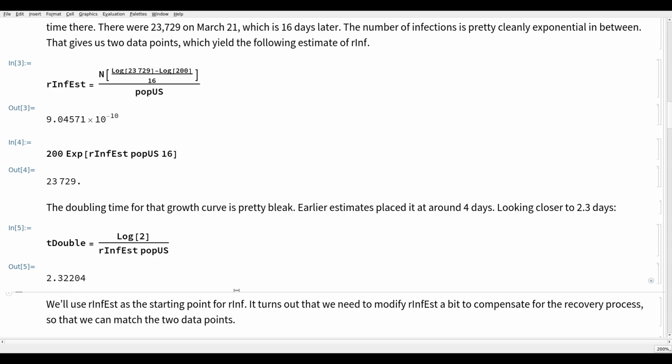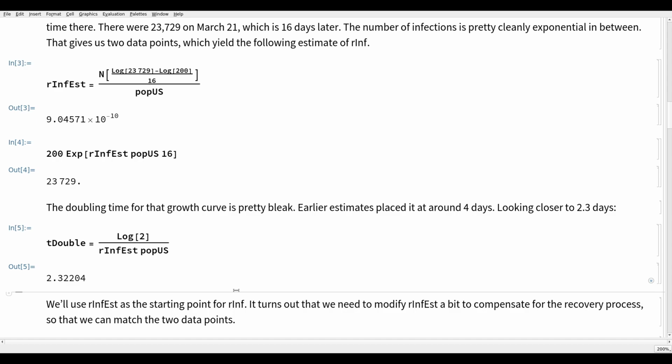It's likely that the exponential growth will break down before then. I certainly hope it does. But I don't have information indicating that at this time.